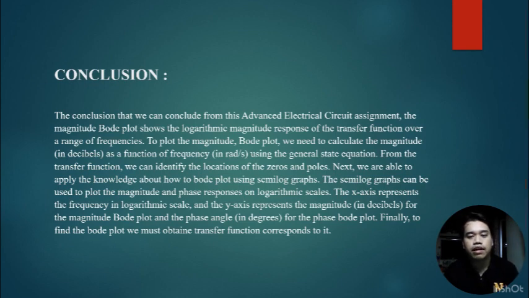Next, we are able to apply the knowledge of how to plot Bode plots using semi-log graphs. The semi-log graphs can be used to plot the magnitude and phase response on logarithmic scales. The x-axis represents the frequency on a logarithmic scale and the y-axis represents the magnitude in decibels for the magnitude Bode plot and the phase angle in degrees for the phase Bode plot.